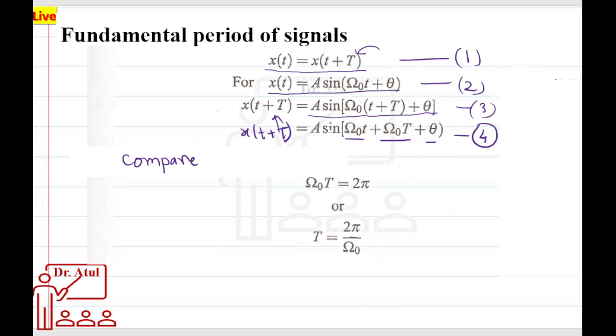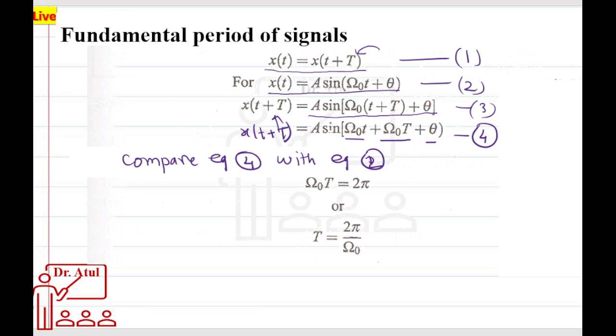Compare equation 4 with equation 1 or equation 2. For this to be the same, omega naught t plus theta, this is possible only when omega naught T equals 2 pi.